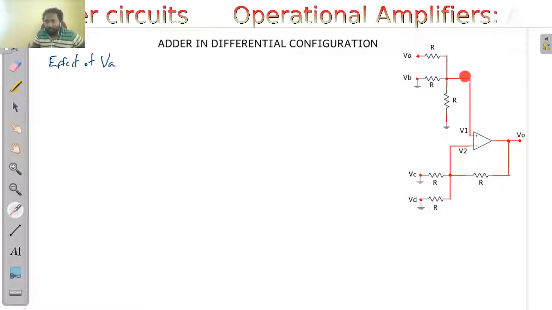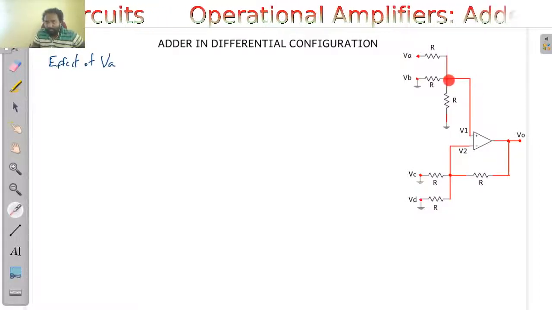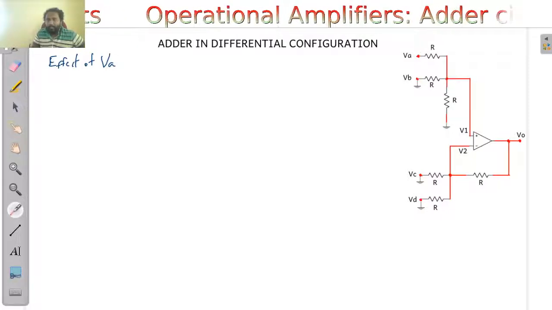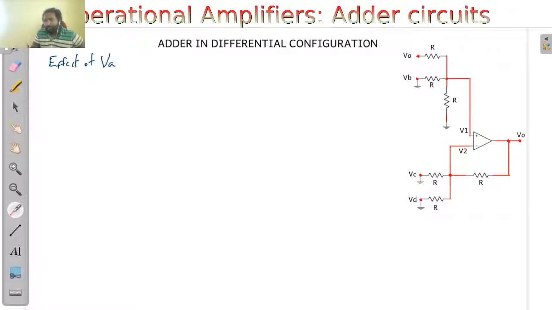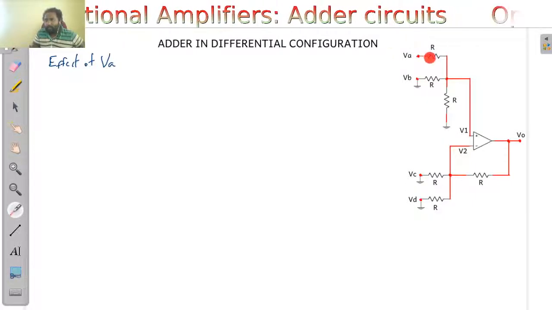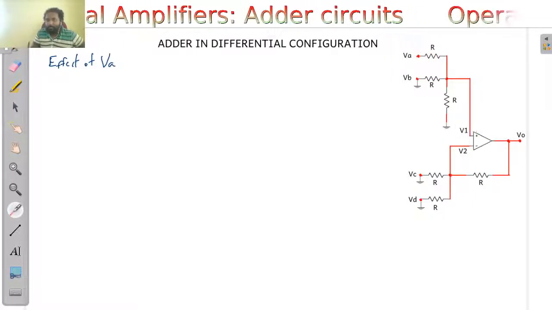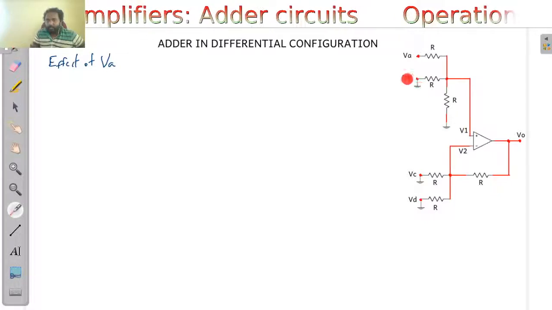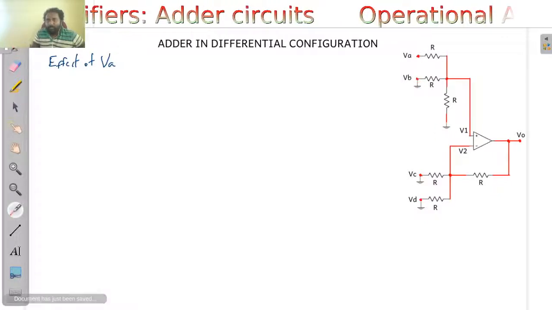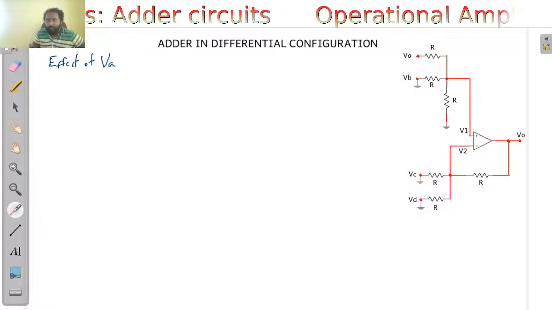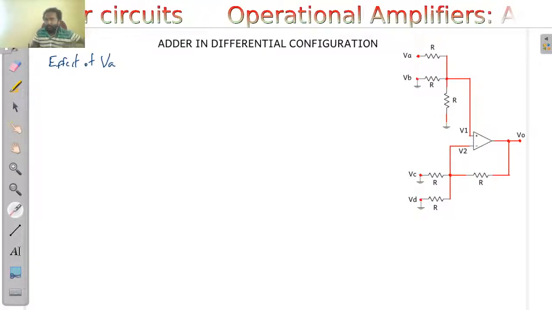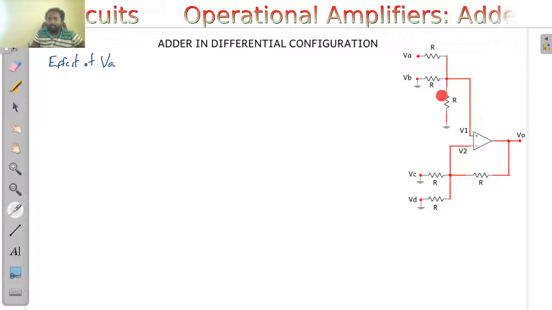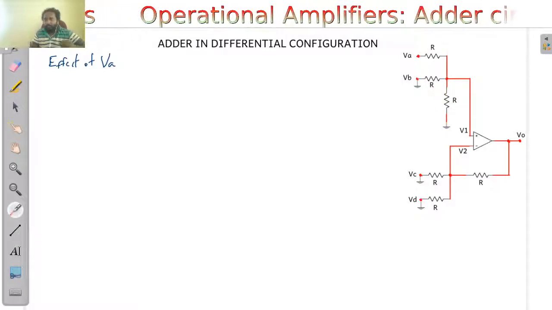V1 is the voltage at the junction here. Any current that is flowing from VA, obviously there is only current from VA, because there are no voltage sources here or here, so it should go to the ground through R by 2 resistance, that we hypothetically say is the effective of the two resistances.